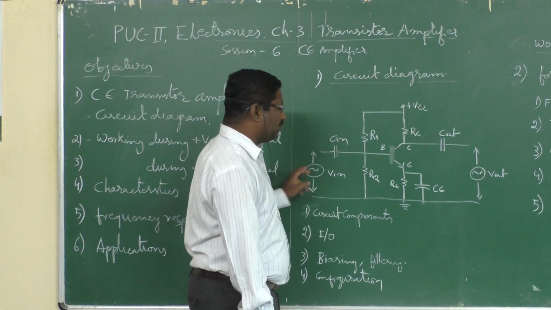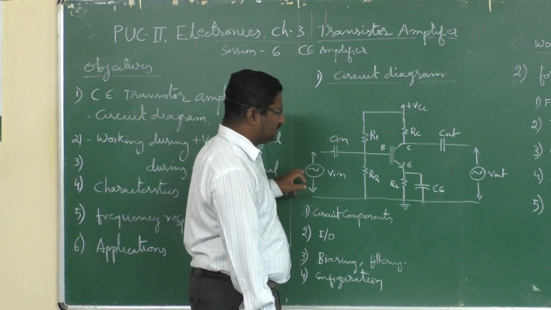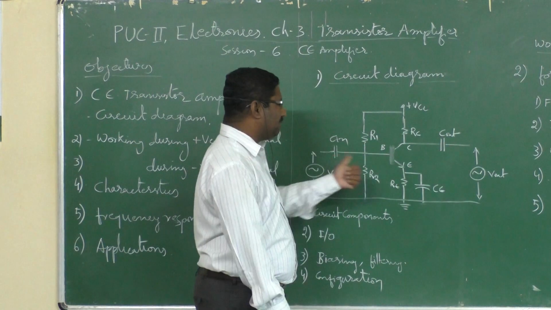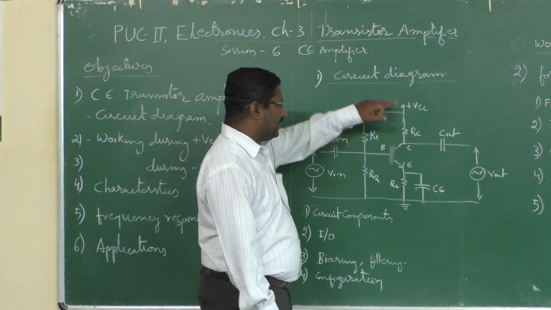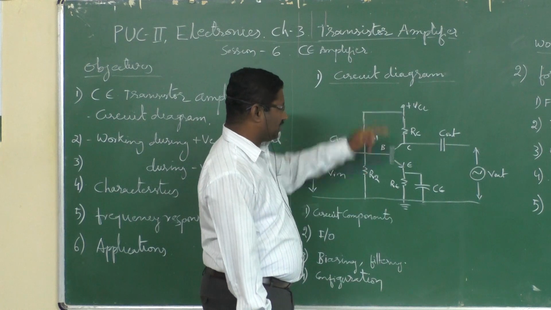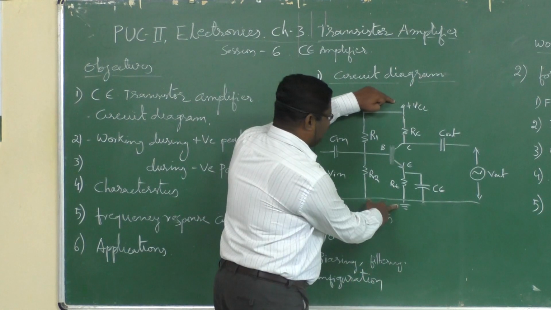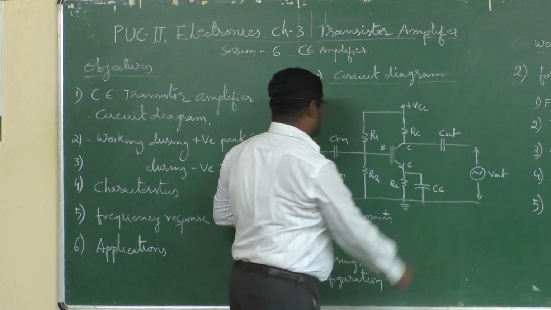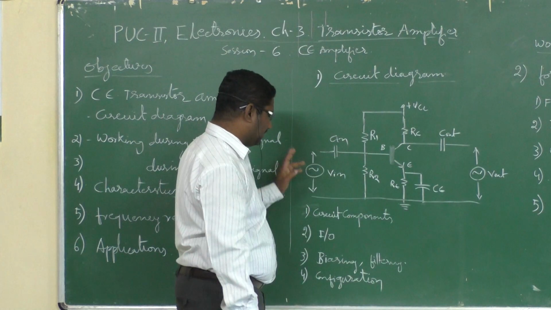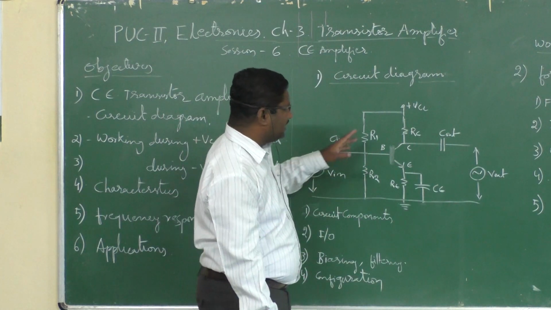Apart from that we have the input and output signals, plus VCC and ground as the power sources. These are the biasing components, and these are the input and output signals.